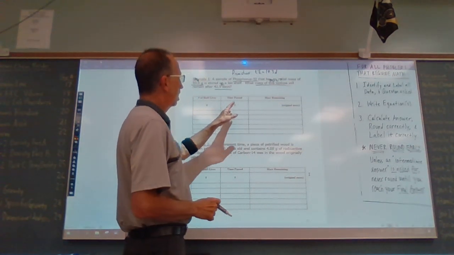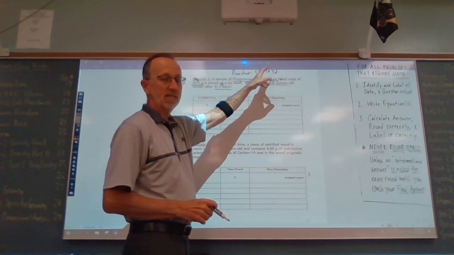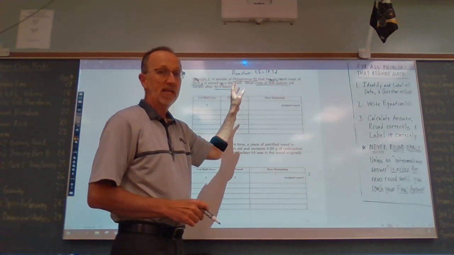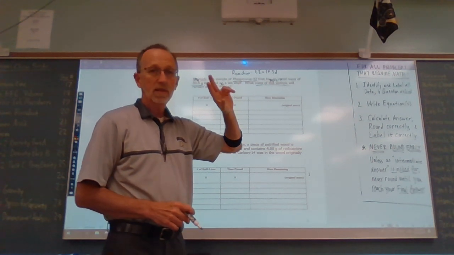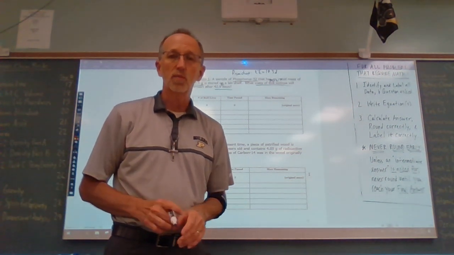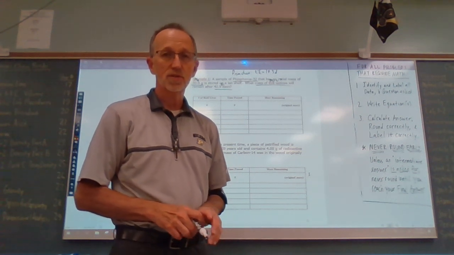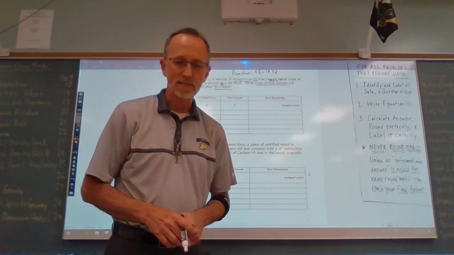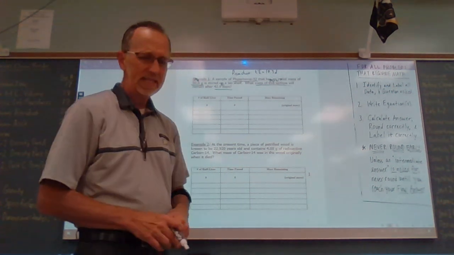Notice that the half-life time is in days. The amount of time passed must also be in days. Those time measurements have to match their units. If they don't, then we have to do a quick conversion to make sure that they do before we continue on with the decay process. Okay, just wanted to make that point.